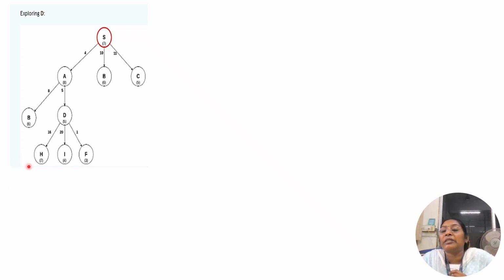So for H, f of n is 32. That goes to the last in your open list.